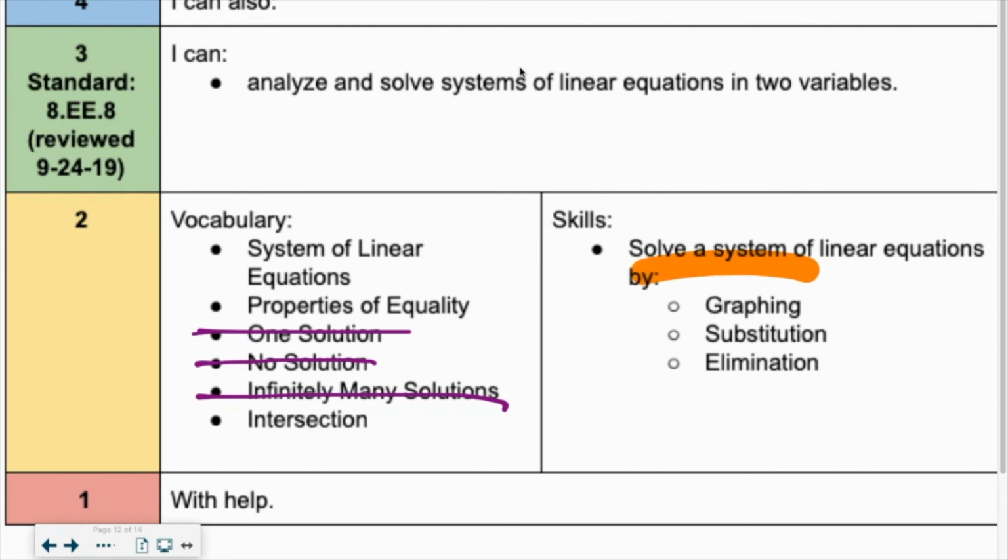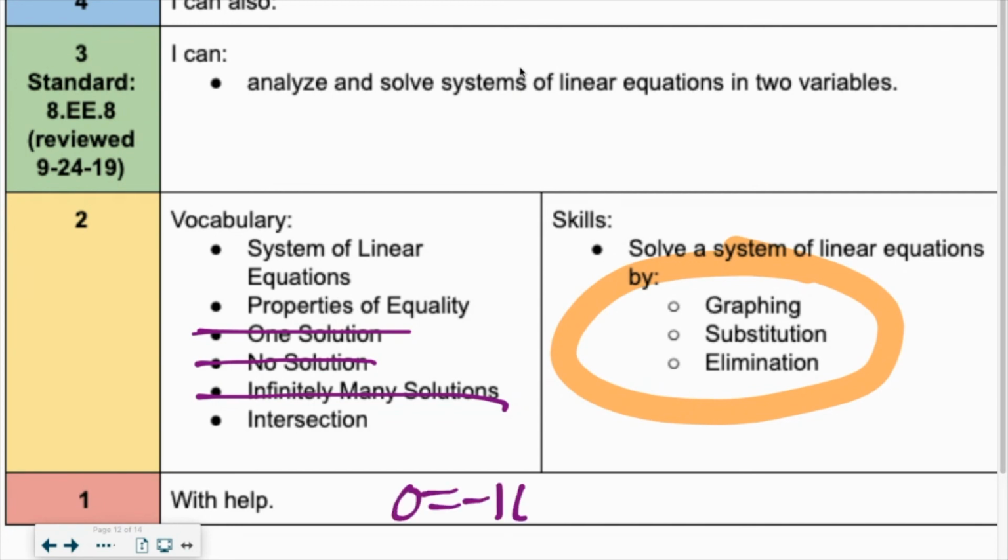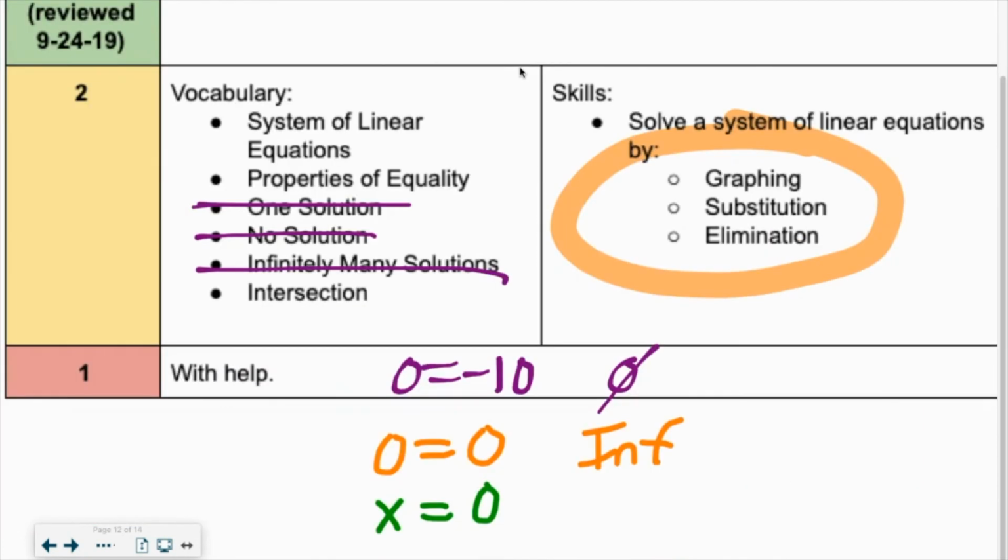You may use any of these methods to solve, but please remember, for no solution, you need to have a false statement. Otherwise, for infinitely many solutions, you're going to get 0 equals 0. But remember, if you get something that says x equals 0 or y equals 0, those guys are going to lead us down to one solution.